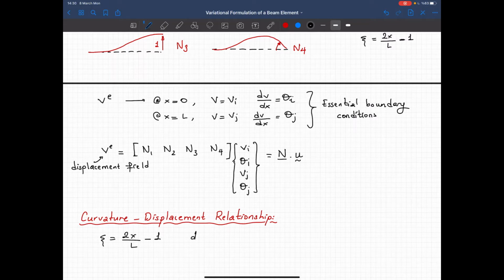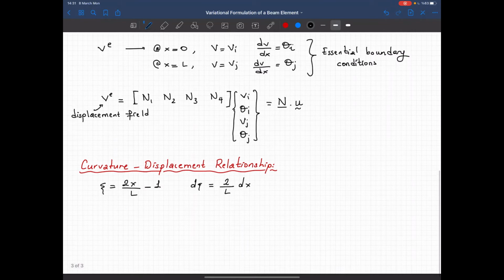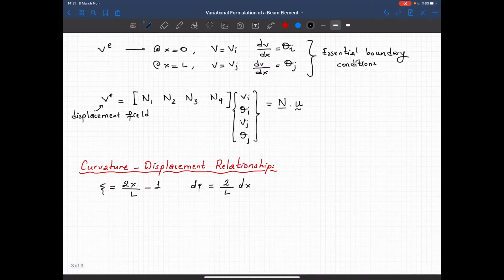So d psi is equal to 2 over L dx. But in order to get the curvature displacement relationship, I need the second derivative of the displacement field.